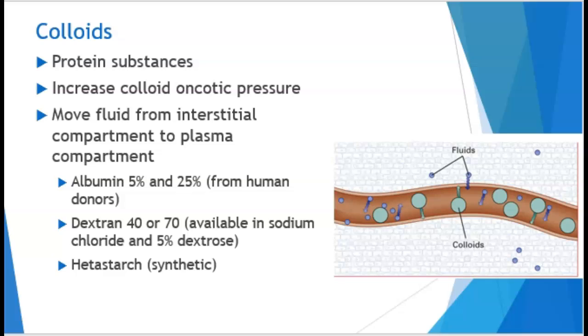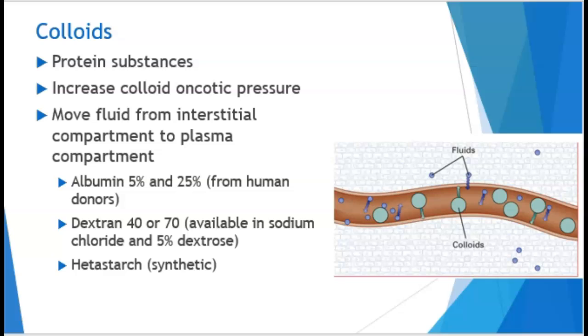There's a 40 or a 70% solution, and they have a molecular weight similar to that of albumin, so that it helps expand the plasma volume by drawing fluid from the interstitial space into that intravascular space. And that would be used to help raise a blood pressure or to shift fluids.